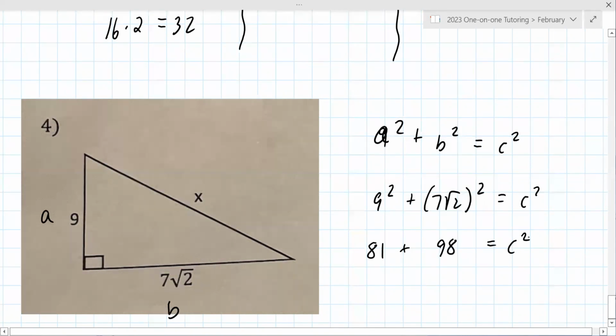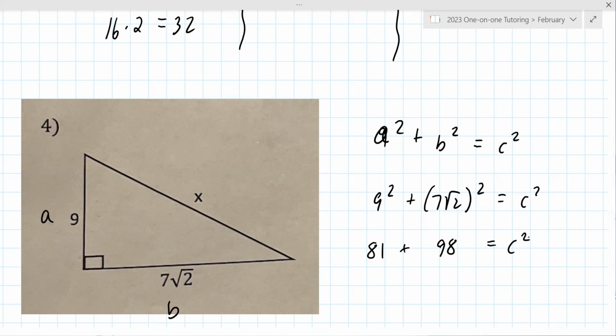So go and add these numbers together. What is 81 plus 98?